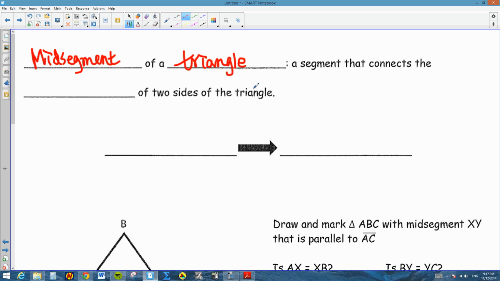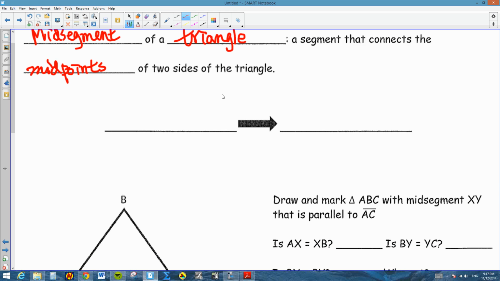It is a segment that connects two midpoints, right? It connects the midpoints of two sides of the triangle.